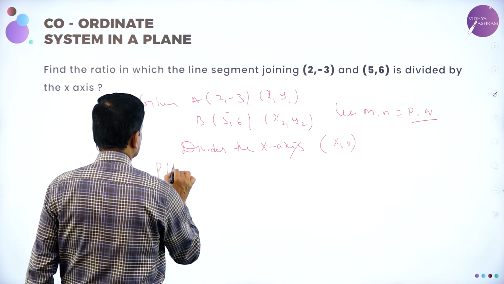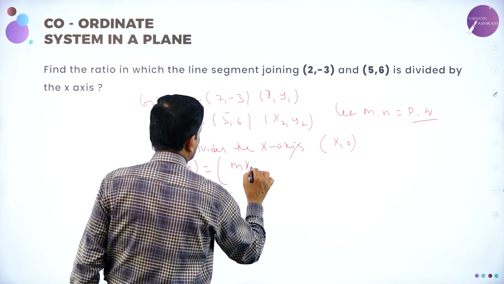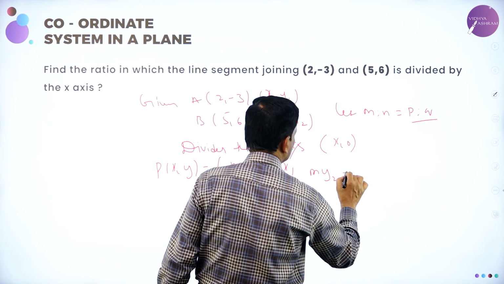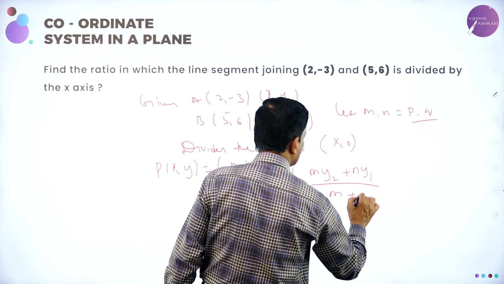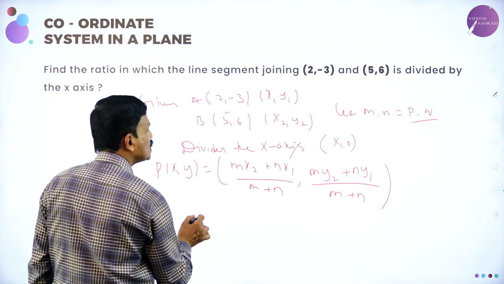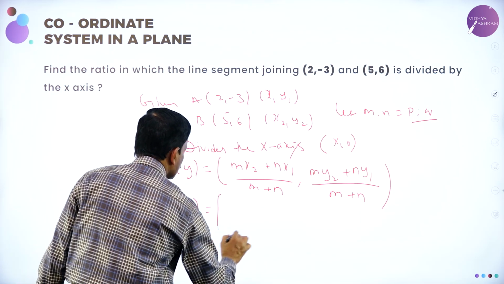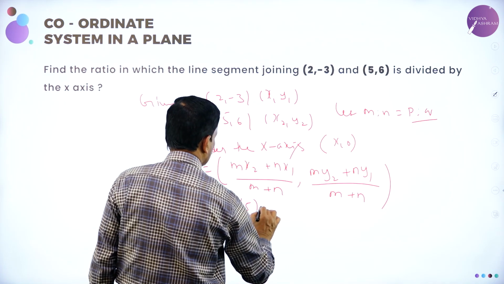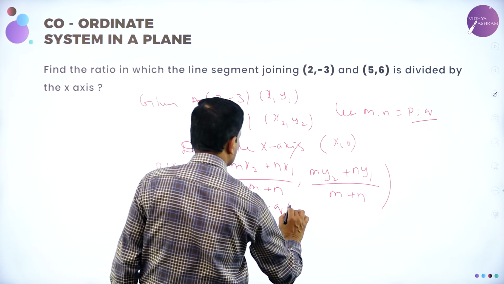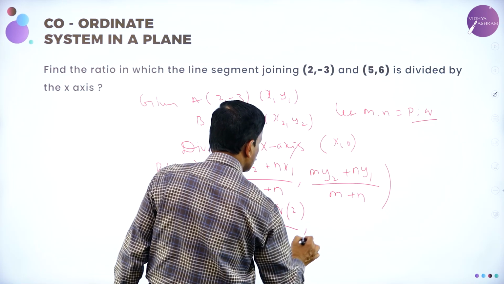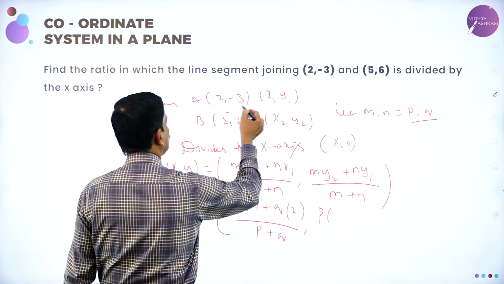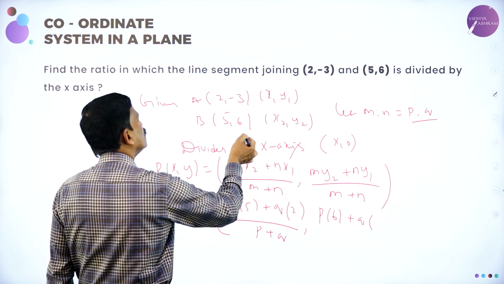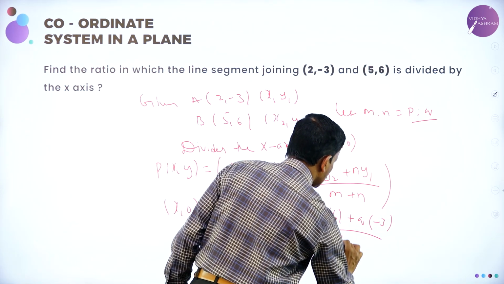Now, the internal division formula: P(x, y) is (mx2 + nx1)/(m + n), (my2 + ny1)/(m + n). Here (x, 0) equals p into x2, where x2 is 5, plus q into x1, where x1 is 2, divided by p + q, and p into y2, where y2 is 6, plus q into y1, where y1 is -3, divided by p + q.